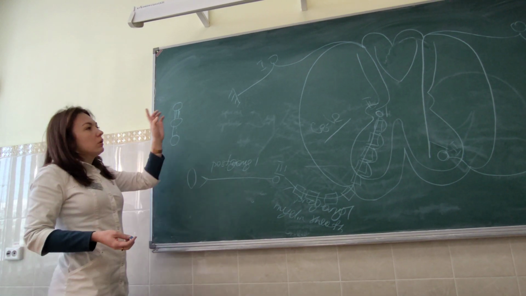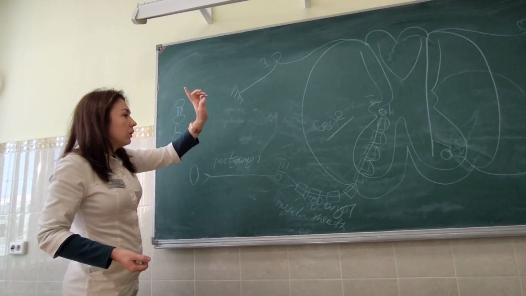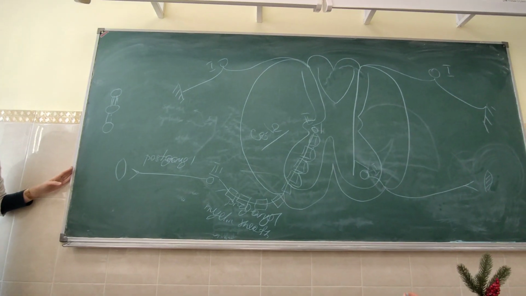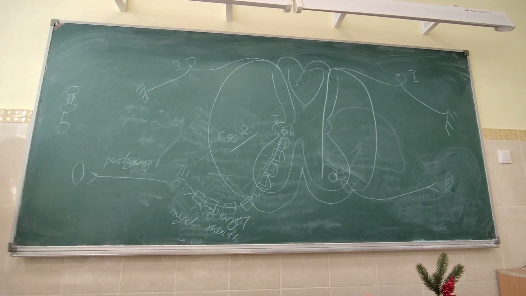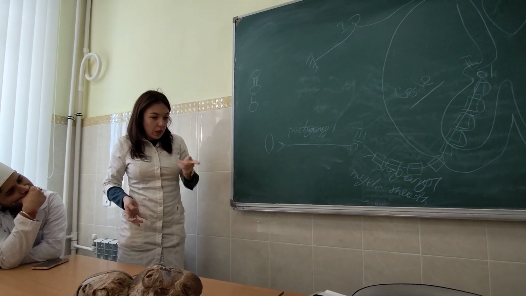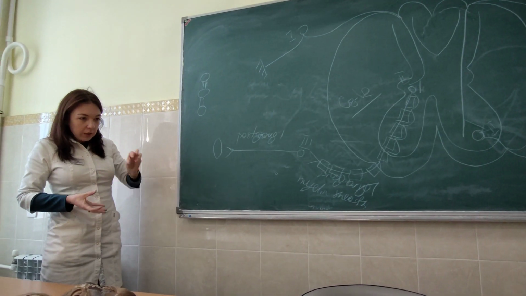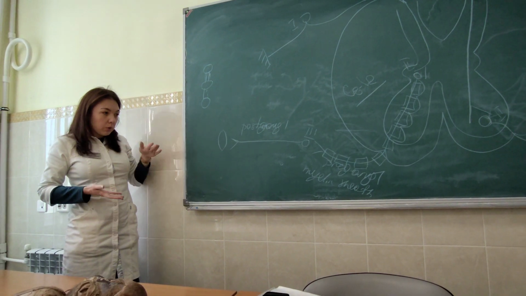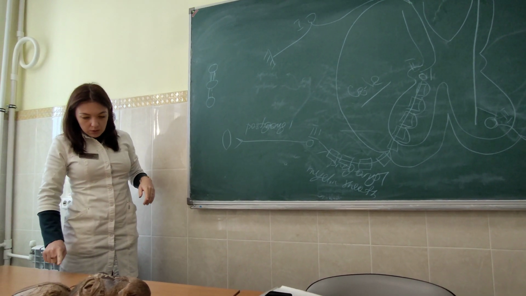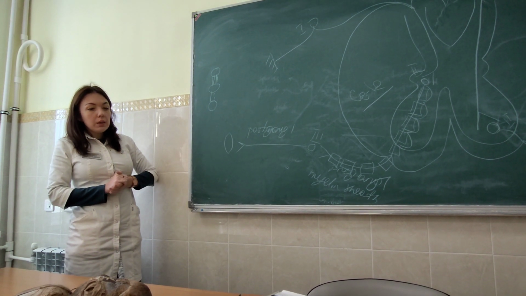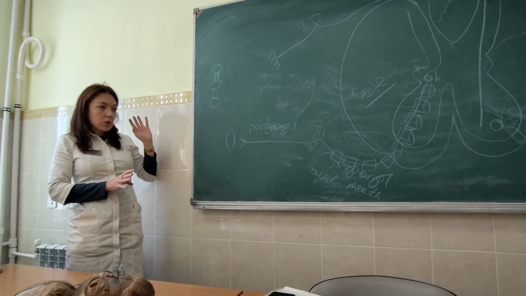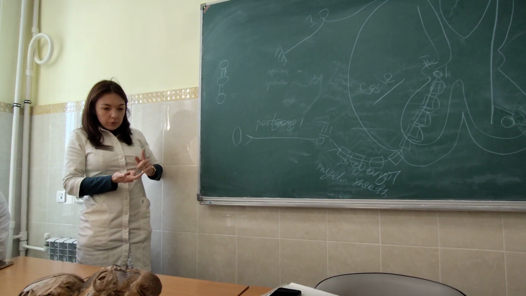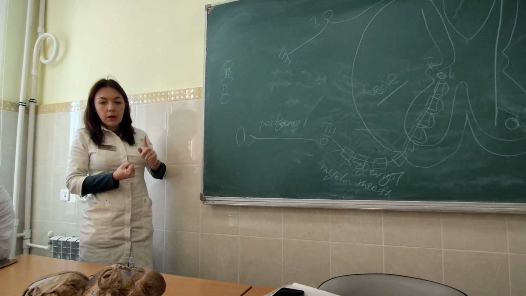Okay, so you will draw this at the next lesson: somatic and autonomic reflex arcs, and you have to know the differences. You also have to know the differences between the sympathetic and parasympathetic nervous systems. You have to know the structure of the sympathetic chain, all the ganglia and all their branches. You have to revise the cranial part of the parasympathetic nervous system and study the sacral part. And you have to know the main autonomic plexuses of the human body, their formation and branches: the celiac plexus, superior and inferior mesenteric plexuses, superior and inferior hypogastric plexuses.